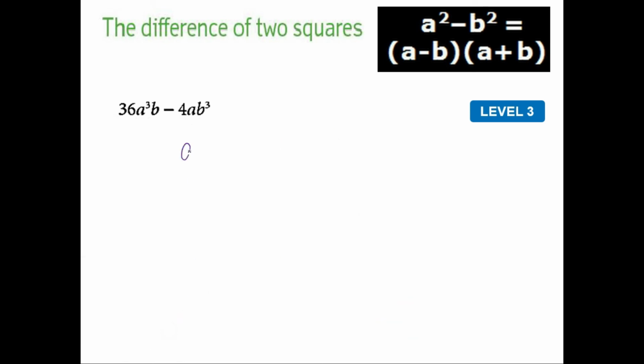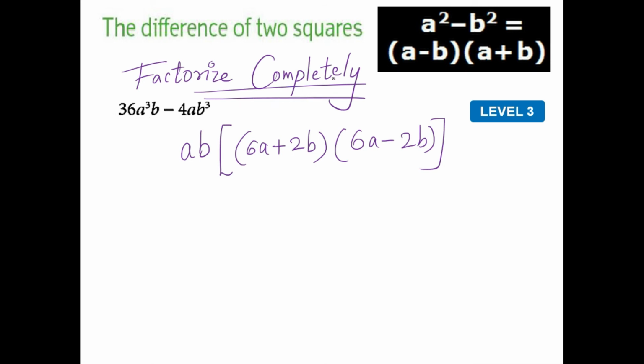Continuing from the previous step, you have ab within brackets 6a plus 2b, 6a minus 2b. When you're asked to factorize completely, you can still remove the common factors. You can see there are multiples of 2, 6 and 2.